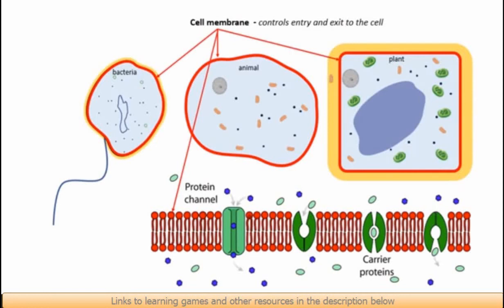Another key idea mentioned in the specification is that the activity and function of molecules is related to their structure. Many of the proteins embedded within the cell membrane are shaped so that only particular molecules can use them to pass through the membrane. So changing the amount of these proteins embedded within the cell membrane can change how permeable each individual cell is to particular chemicals.